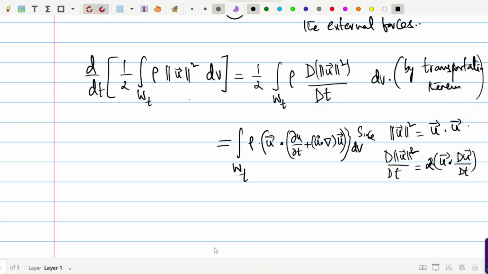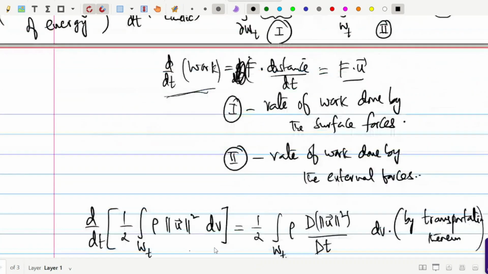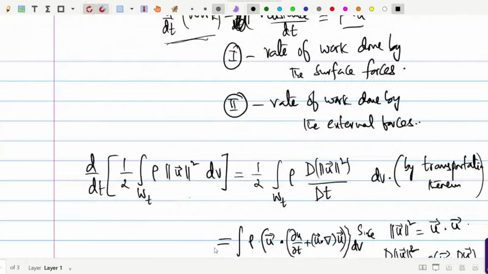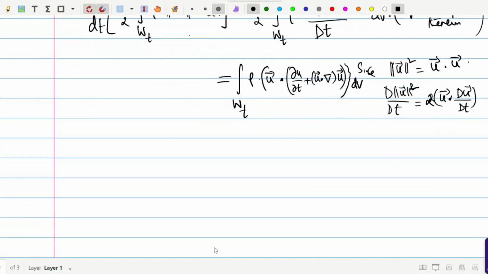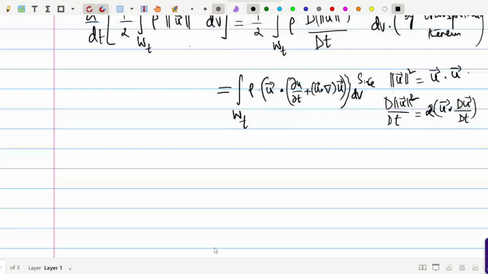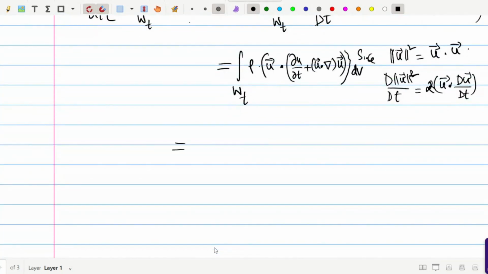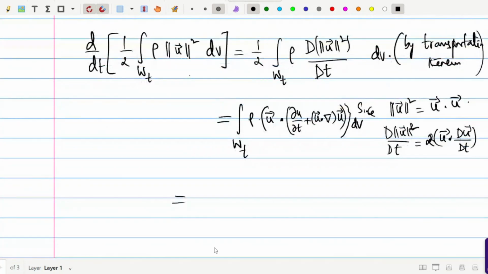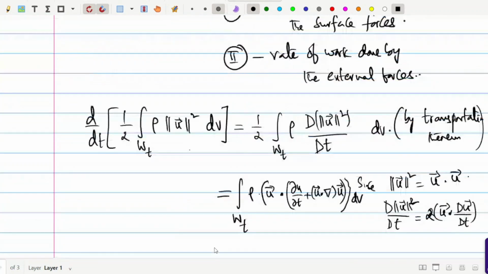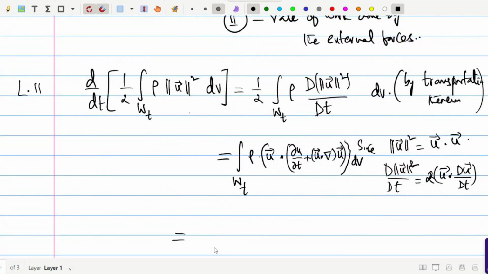That is your left hand side, whatever is in your conservation law. This is your LHS of the conservation of energy.